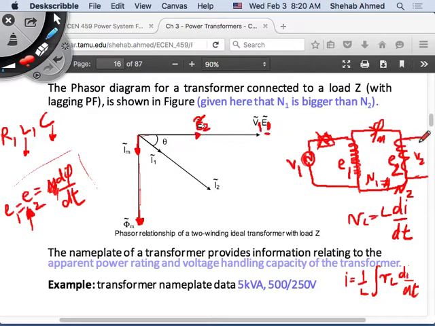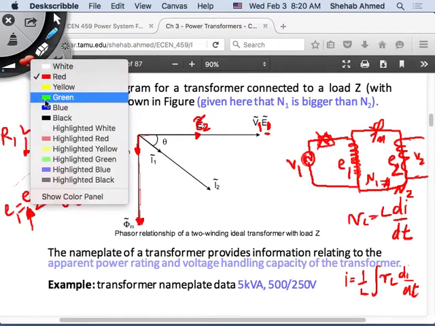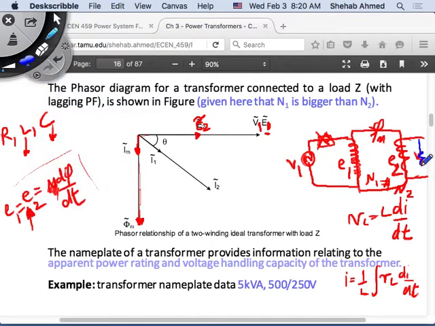And then generally, after that, if I connect a load, I will also have some current flowing in the secondary winding, I2. And this I2 will be coming in from the primary as well, because we said that N1 I1 is equal to N2 I2, right?